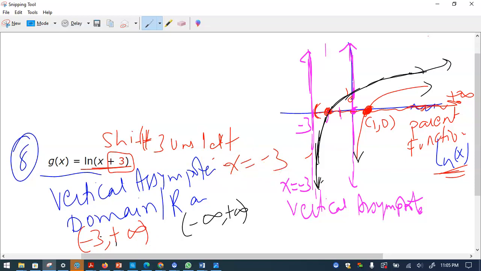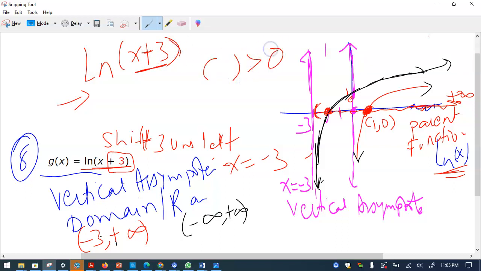And in order to really know how to find the vertical asymptote, suppose there was no graph and they just ask you this, all you do is put this parenthesis, the whole thing has to be greater than 0. That's how you do it. That means it is x plus 3, and if you subtract 3, you get x greater than minus 3. So the domain is minus 3 onwards.